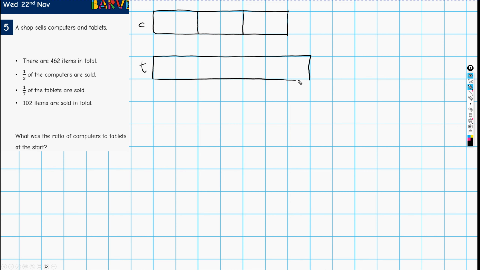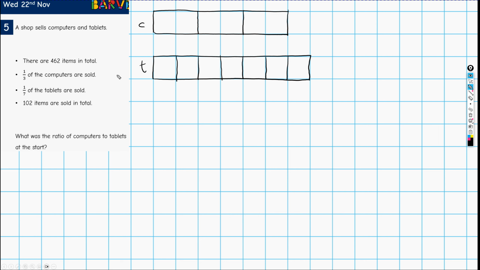And again, we're told a seventh of those are sold, so I'm going to divide this into seven equal parts. And as the person drawing the model, I know that the size of this part does not relate to these, even though because I've used squared paper here, it looks like two of these match one of those. I know as the person using the model, they don't.